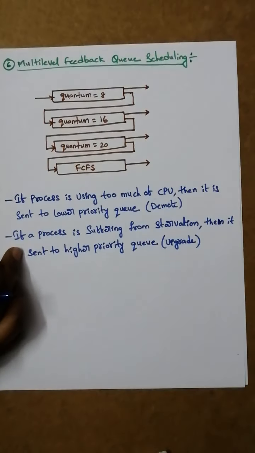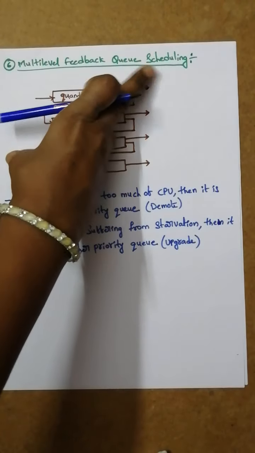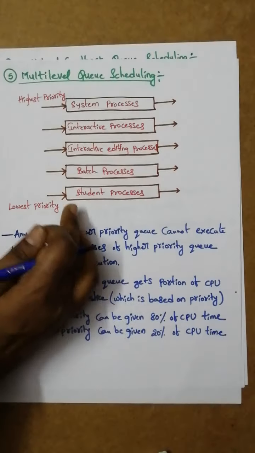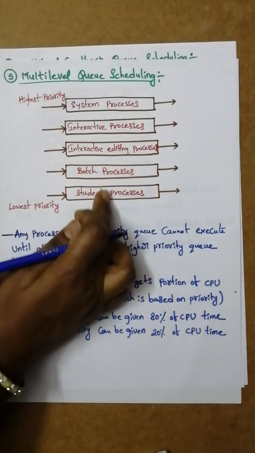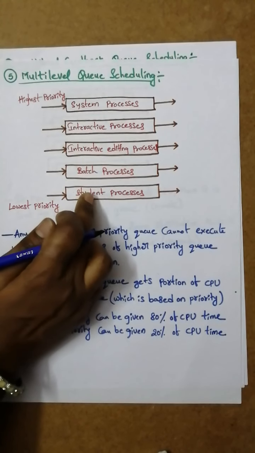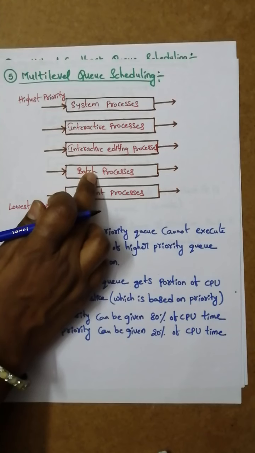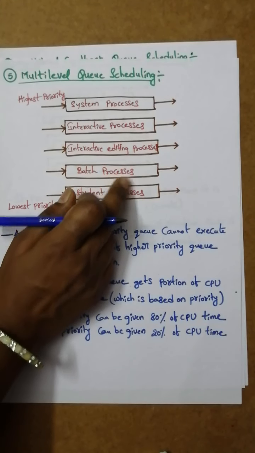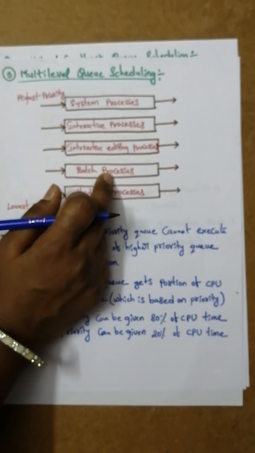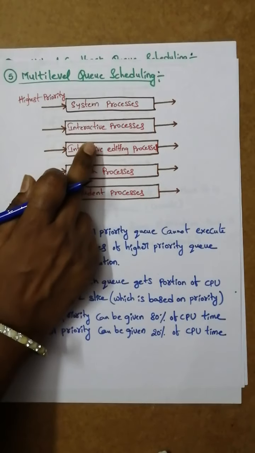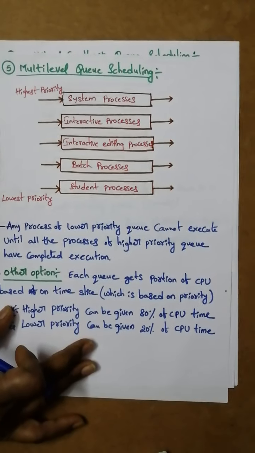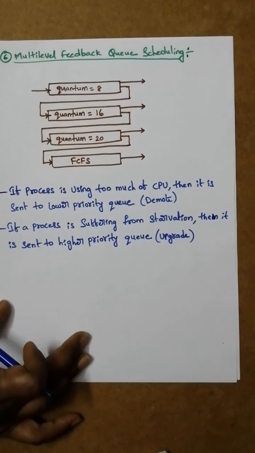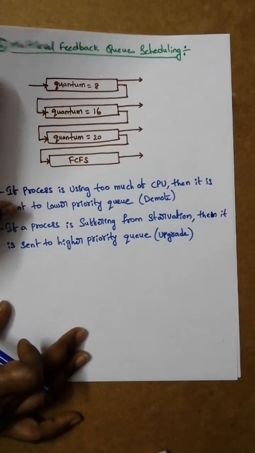This is the advantage of multi-level feedback queue scheduling. If you compare with multi-level queue scheduling, where a process is never served, here after some period of time it is allowed to move to the queue above. Imagine that it is not given the CPU there either. Then after some period of time, it is allowed to move to the queue above. Likewise, processes can move from lower priority to higher priority. That is the advantage of multi-level feedback queue scheduling.